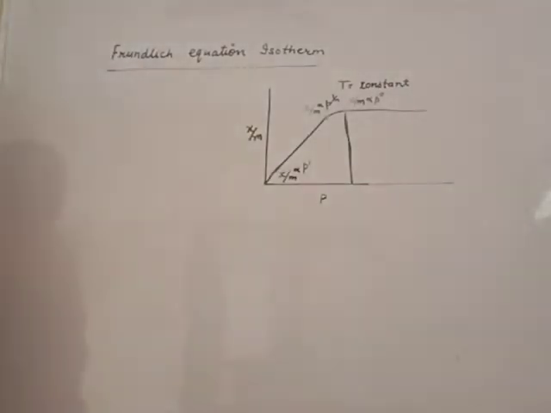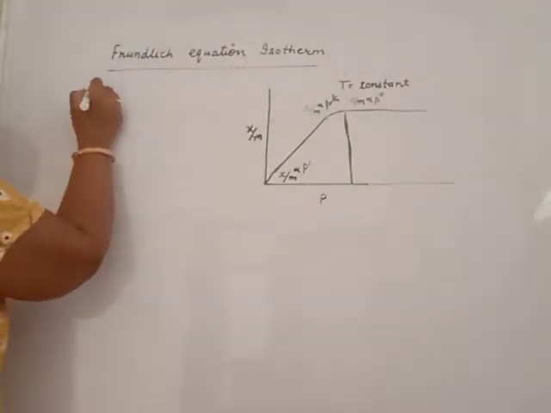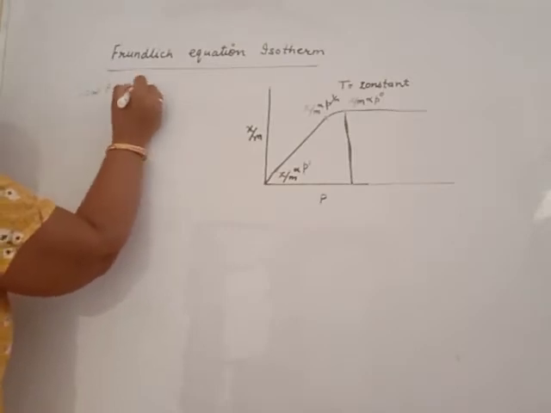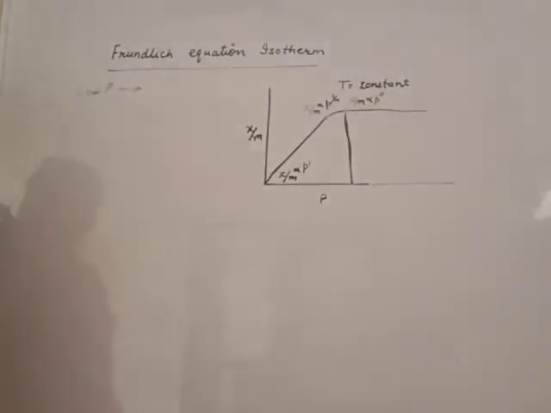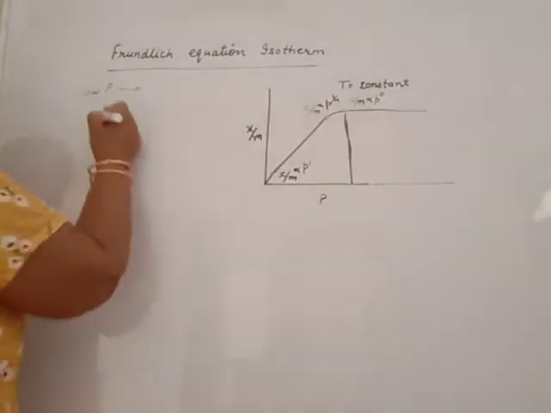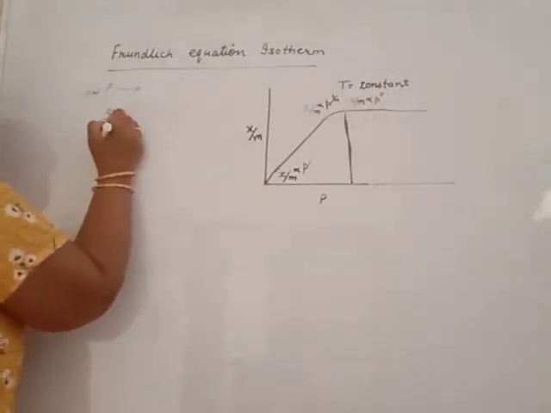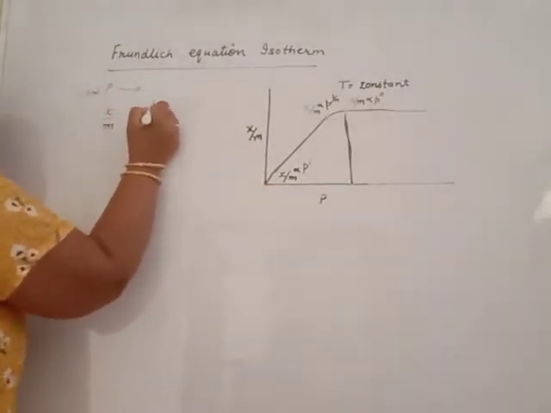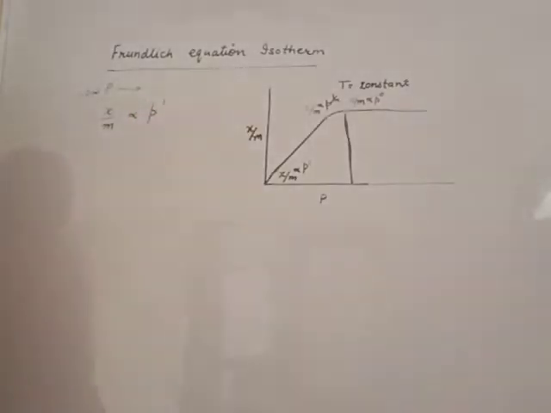According to the Freundlich adsorption isotherm, at low pressure, the rate of adsorption is directly proportional to the pressure applied on that gas.